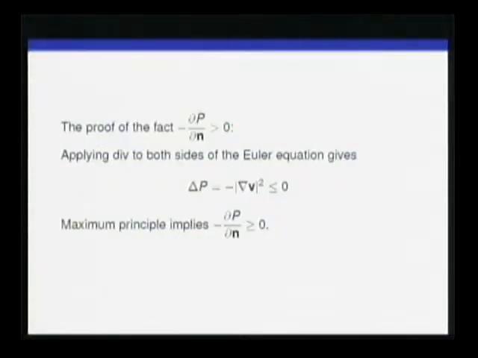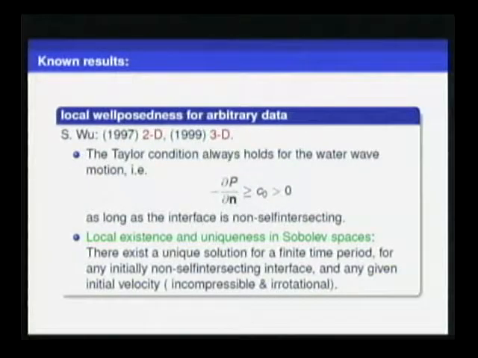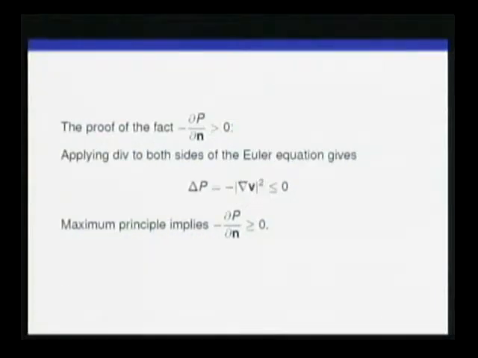Actually, this is the second proof, not the first proof we had in the very first work. This result holds for both 2D and 3D. After we know this is a fact, it's not difficult to prove, so I just used this proof. It is obtained by applying divergence to both sides of this equation.